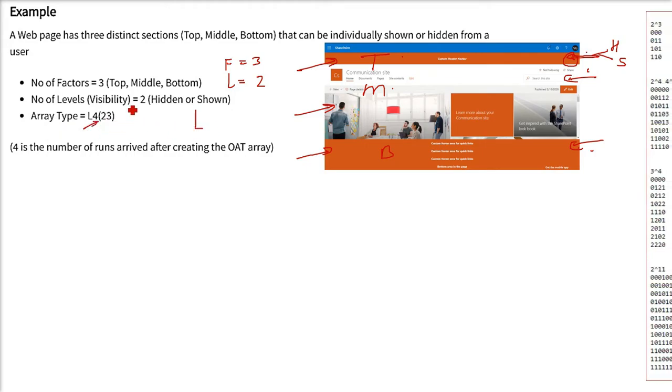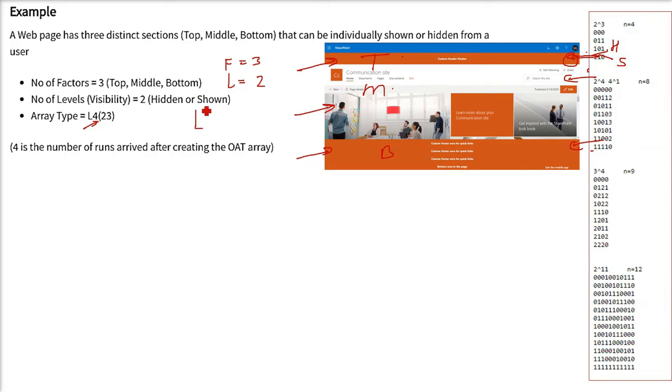And this 4 has come from where? This 4 has come from a table. This table I am showing you on the far right. So where was the factor? Where was the levels? It is 2 raised to the power 3, level raised to the power factor. And here was the array type. So from where do we deduce 4?